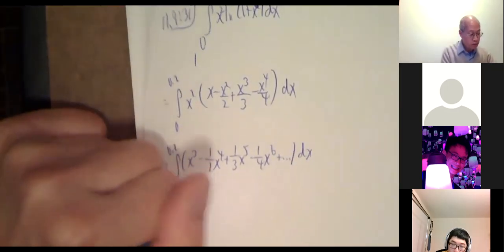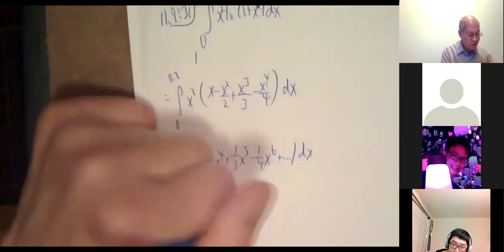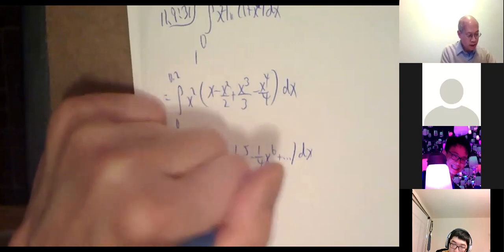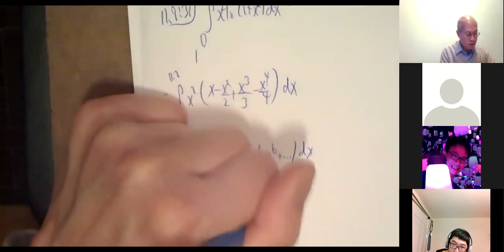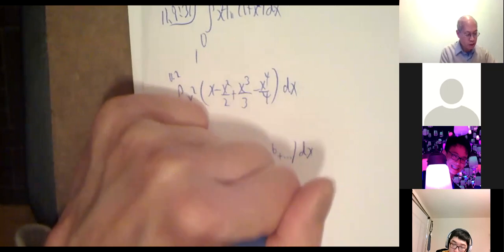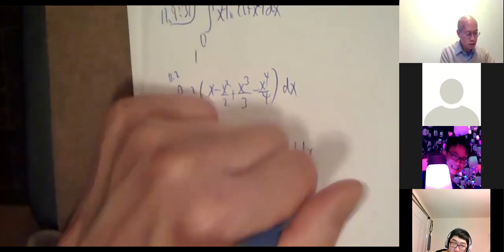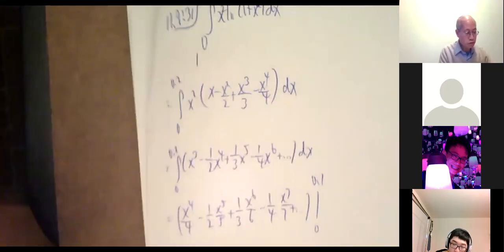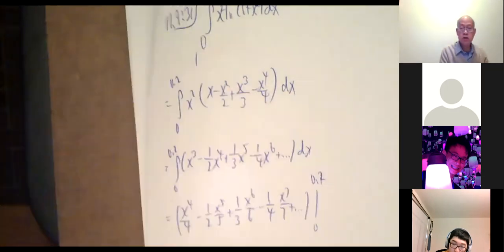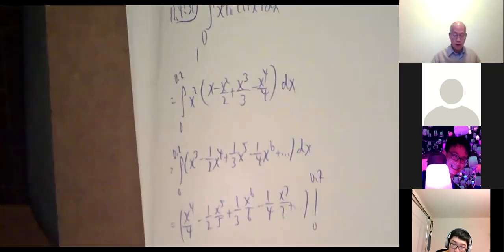So that's x to the 4th over 4 minus 1/2 x to the 5th over 5 plus 1/3 x to the 6th over 6 minus 1/4 x to the 7th over 7 plus dot dot dot, from 0 to 0.2.